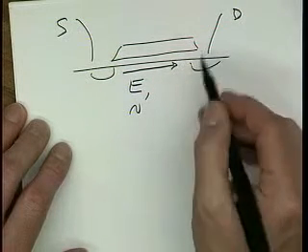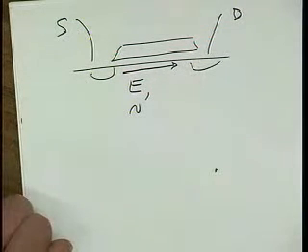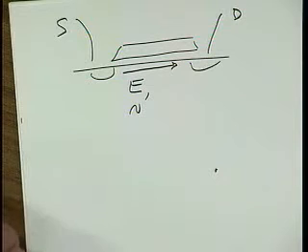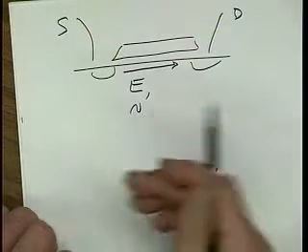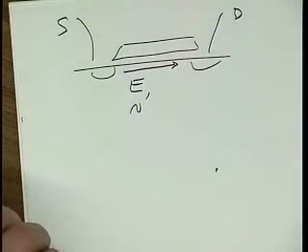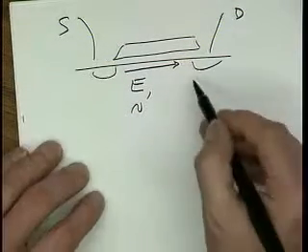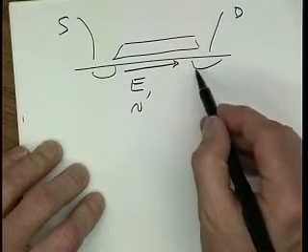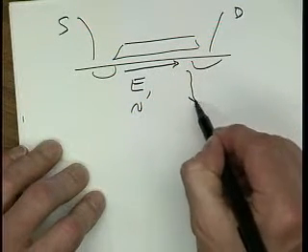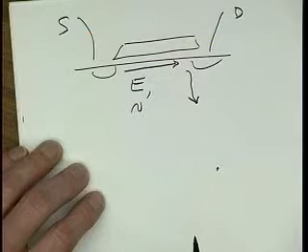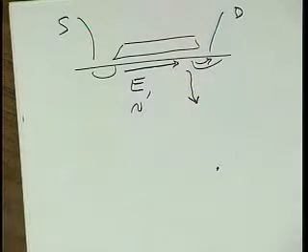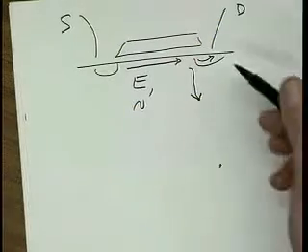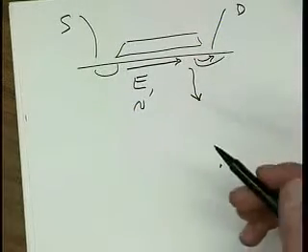When they arrive at the drain, they have a lot of energy, and they crash into the atoms there, and they yank out an extra electron hole pair, and half of it disappears in the substrate, and the other half of it goes into the drain. At net, this produces an extra drain current.